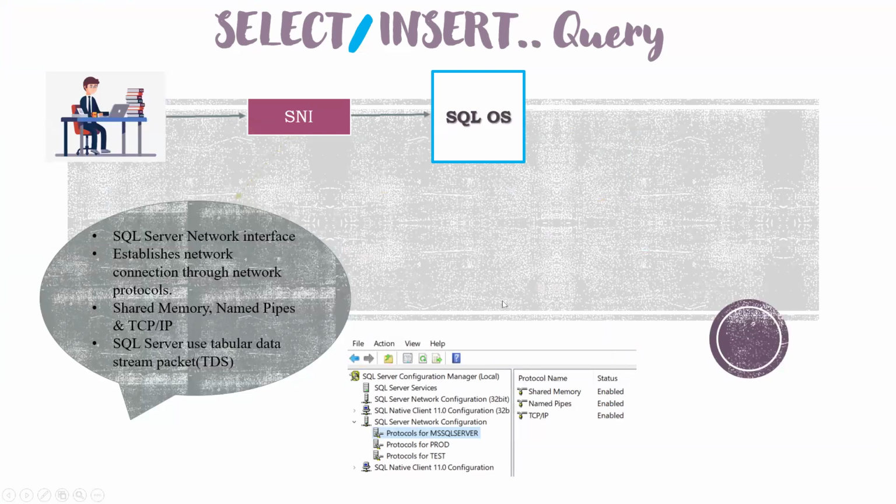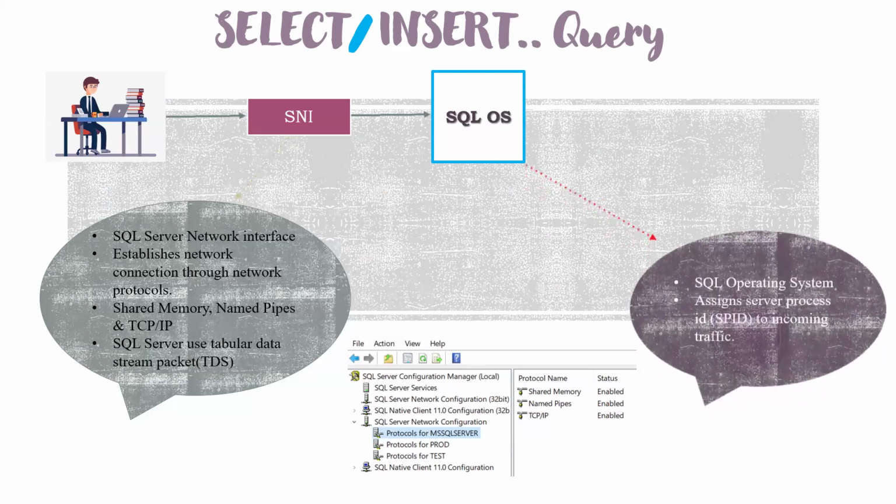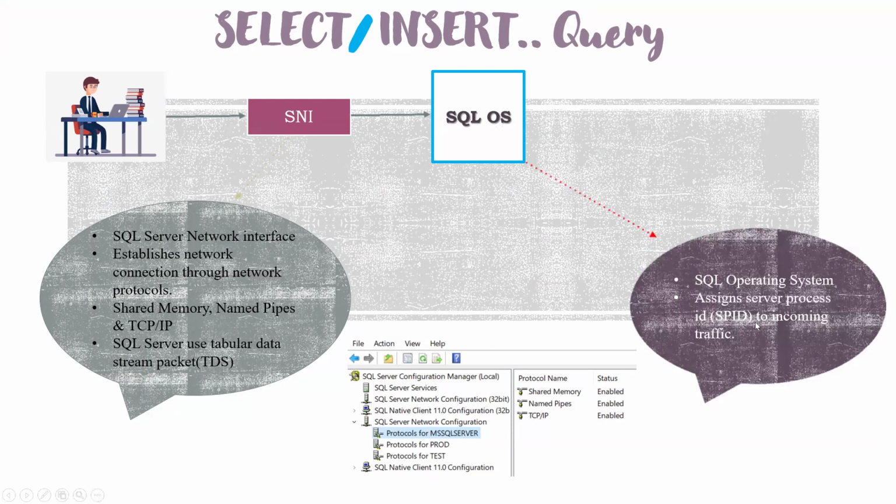From where is that SPID coming? SQL OS is allocating that SPID, one session ID for your request, and for this session ID, it needs to allocate resources like CPU and memory.